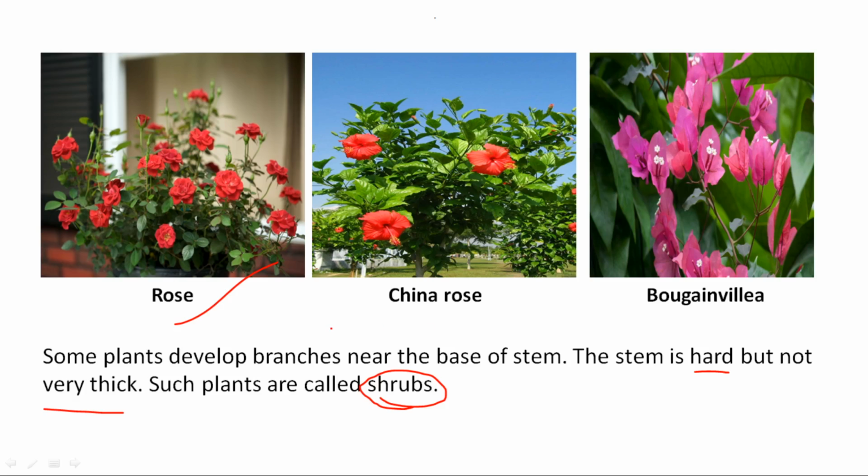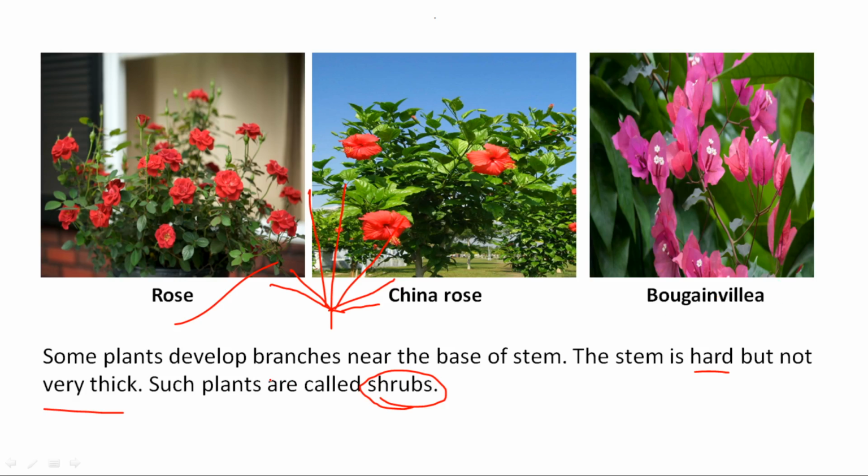So where the stem starts developing, many branches will develop like this, as you have seen in the China rose plant, the rose plant, or even in the bougainvillea.